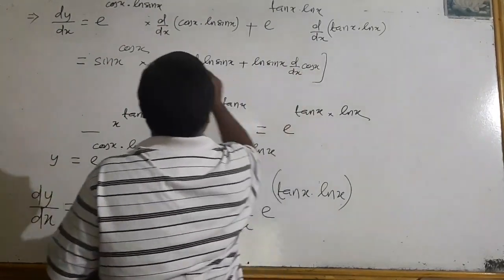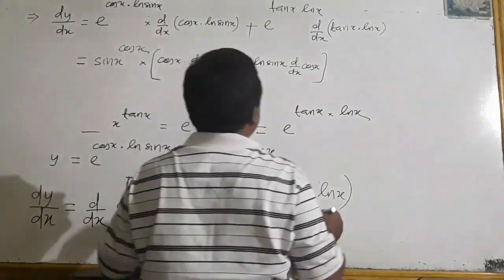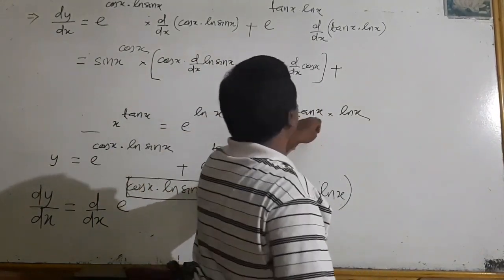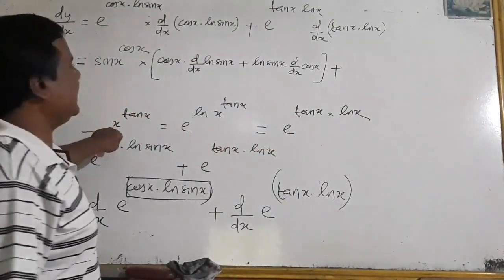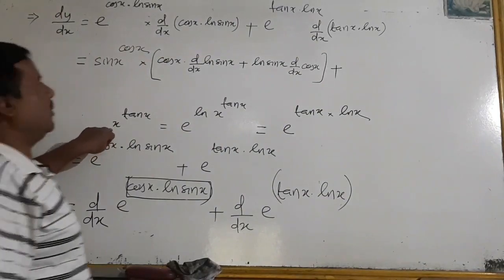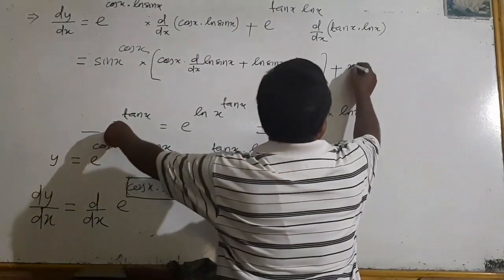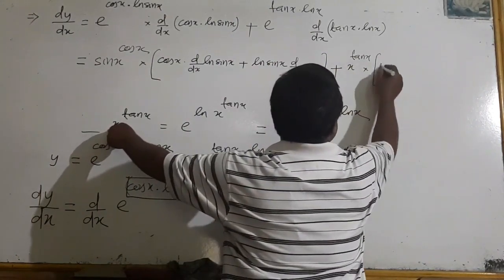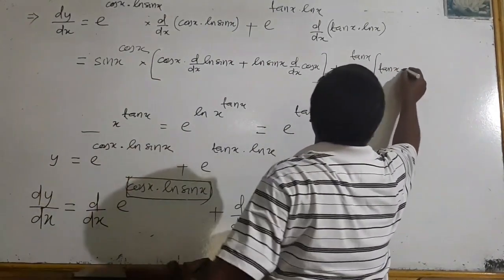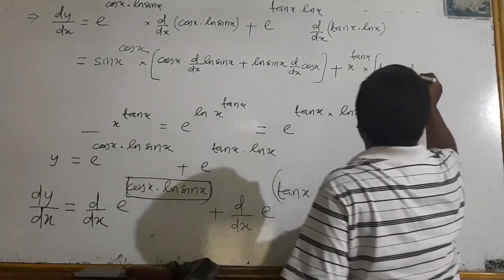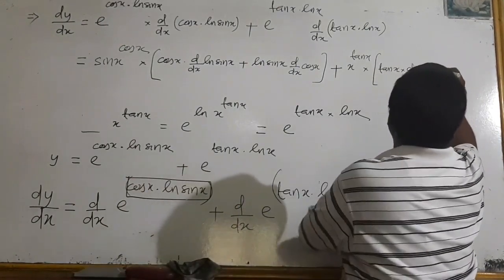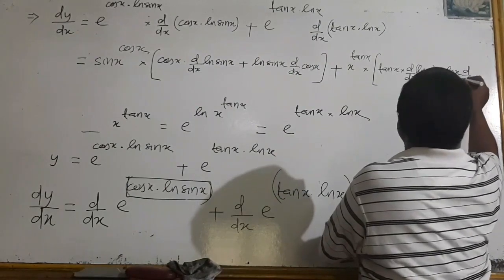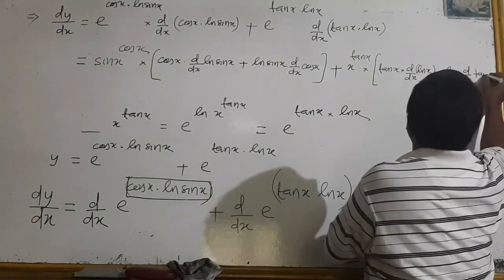Then plus, in place of e to the power tan x ln x, you will write x to the power tan x, into tan x into d by dx of ln x plus ln x into d by dx of tan x.